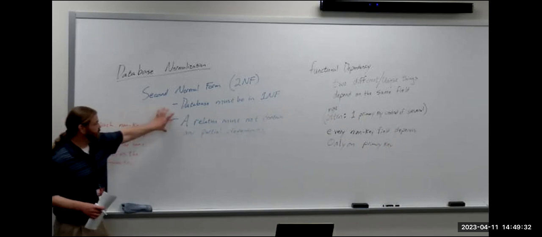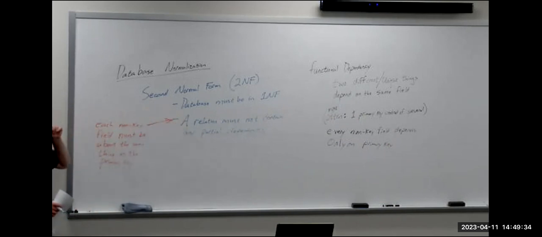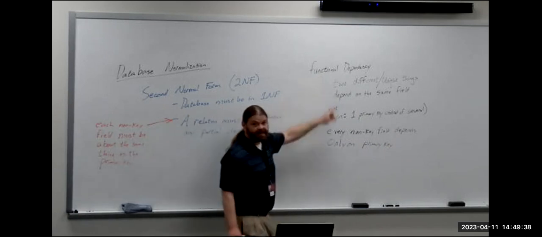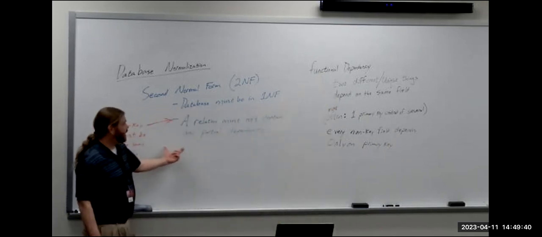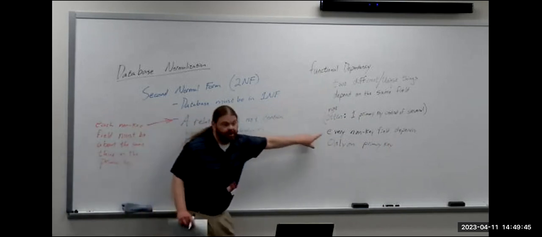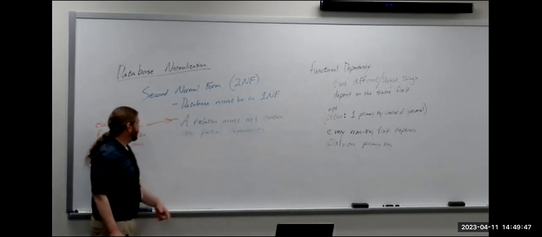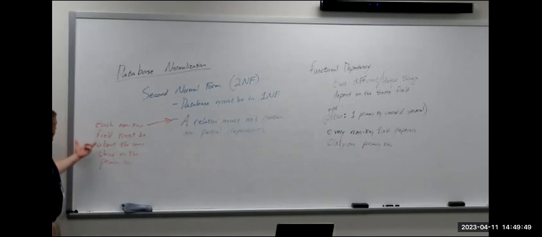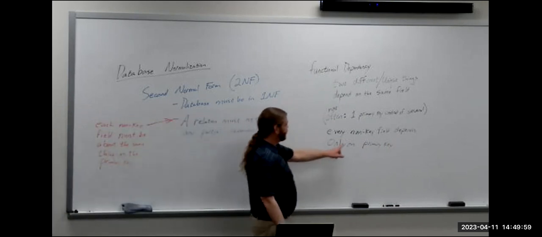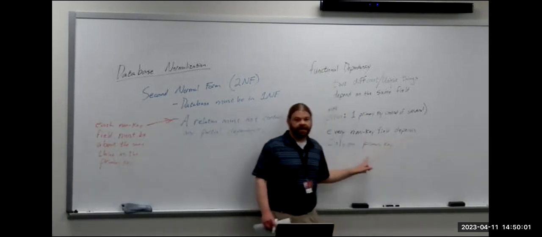Our rule for second normal form is just a slight extension on functional dependencies, but said in a different way, taking the opposite. So instead of the functional dependencies, the ones we want, we're looking at partial dependencies. And then when we turn that rule into normal English, all our non-key fields just have to be about the same thing as the primary key. Whereas in a functional dependency, the non-key fields depend on the primary key.